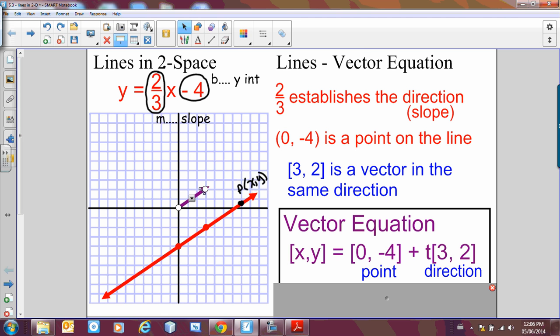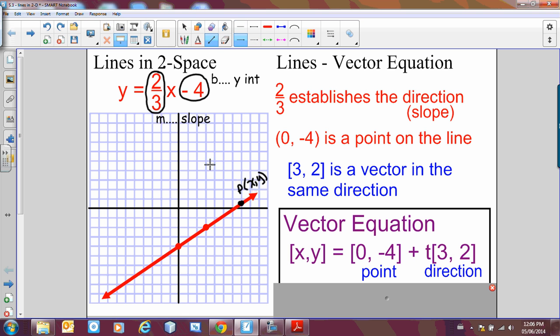What we're looking at here is a way to establish vector notation for lines, because when we get into 3 dimensions, things like slope to establish direction aren't going to be enough. So we're making the transition from what we've seen before to vector notation so that we can continue to use it later on.